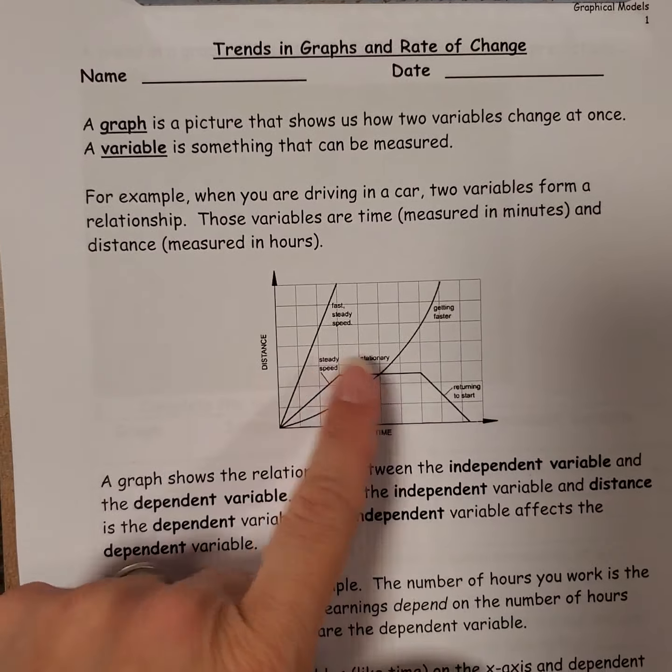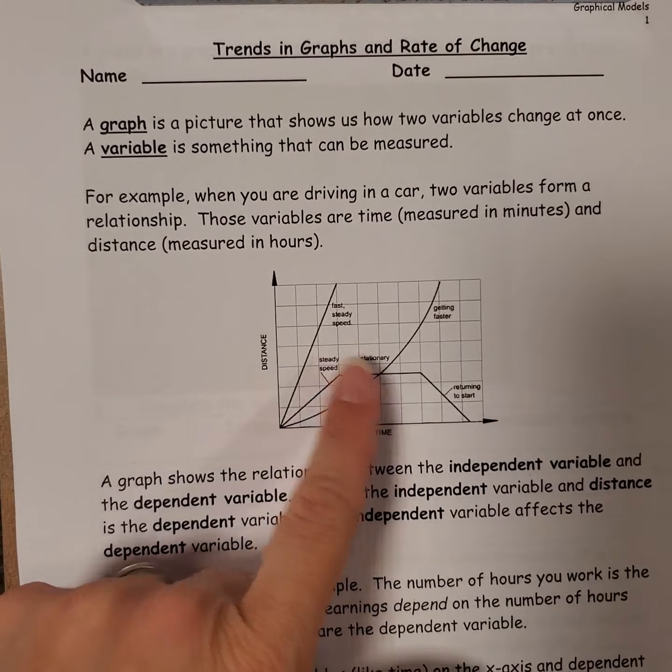So time is going by, and yet the distance is not changing. And then distance is still occurring, you could say, however, the car is returning to its starting position in that little chunk of time there. So we have three different graphs on the same plane, and that's described here on the graphic.